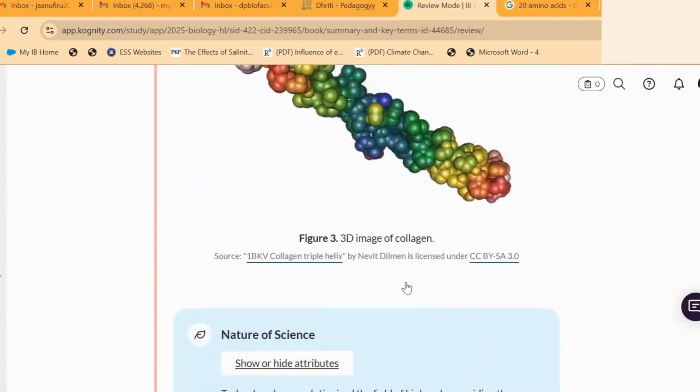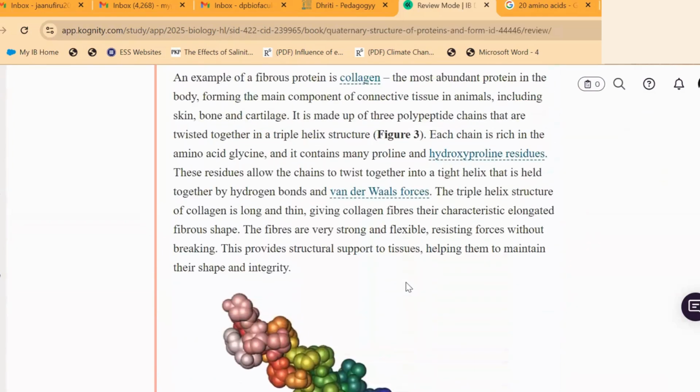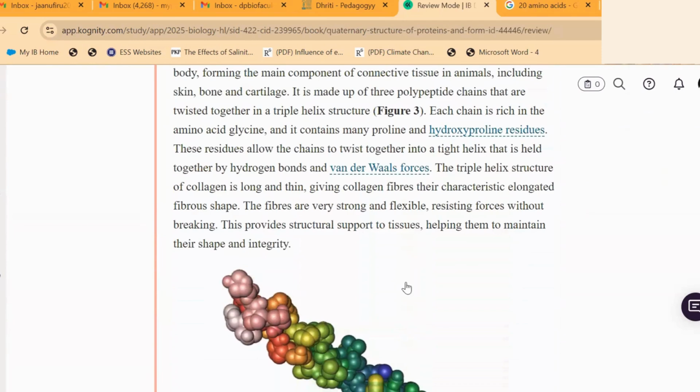Is this a quaternary structure? Do you think so? I want to say yes because there are multiple chains. There are 3 alpha helixes, so I want to say it's a quaternary structure. If there are 3 alpha helixes, then it will be quaternary. Why must it be tertiary? Oh no, wait.